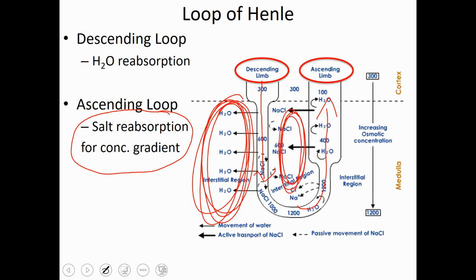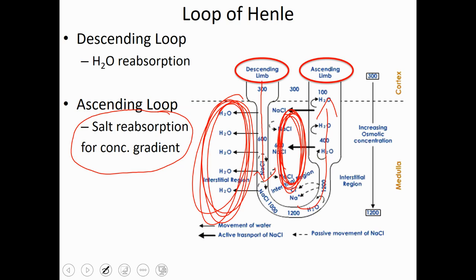It's not really reabsorbed back into the blood. It's kind of put into this interstitial area. And that sets up a concentration gradient to continue absorbing more and more water. Because if you remember about diffusion and concentration, if there's a high salt concentration on one side and a high water concentration on the other, water is going to move towards that.